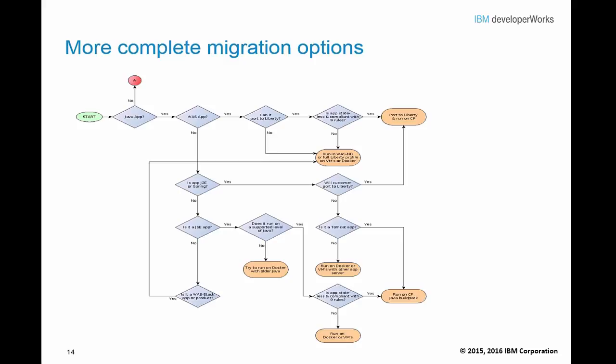So I would encourage you to walk through this flowchart so you can determine the best container for running your Java application on the IBM Cloud as well as open source Cloud Foundry platform.